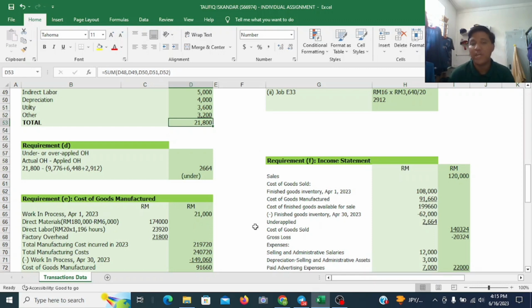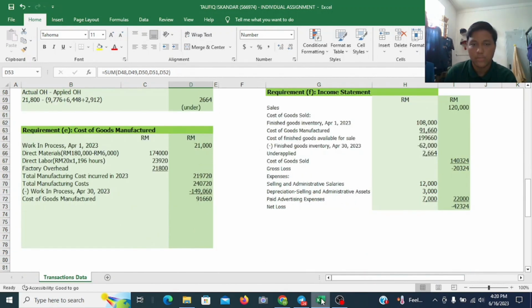Actual overhead, the value is 21,800, and for applied overhead, the total is 19,136. So 21,800 minus 19,136, we get 2,664 for underapplied overhead.